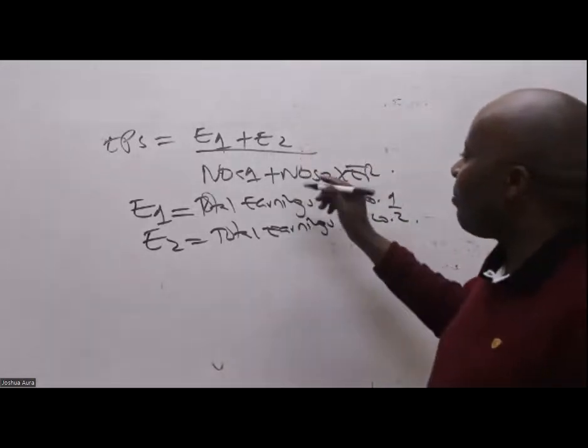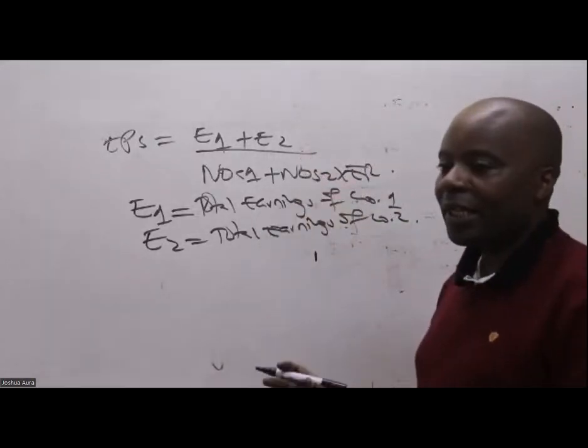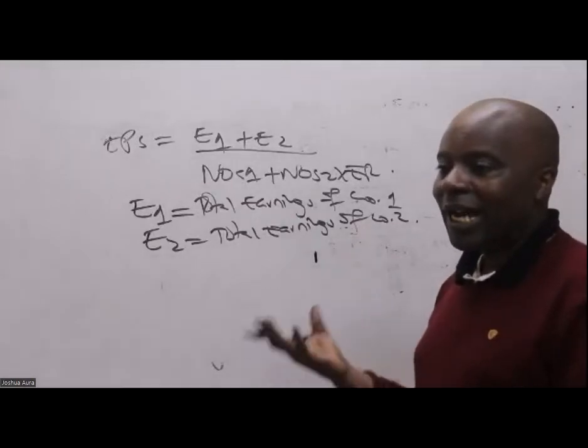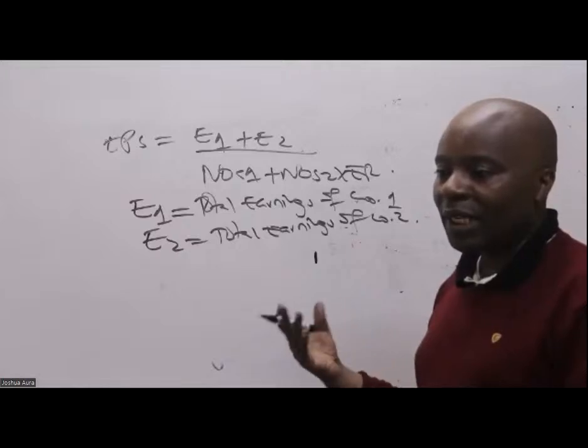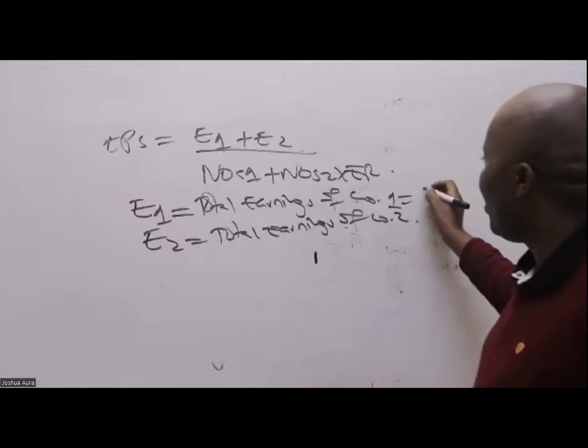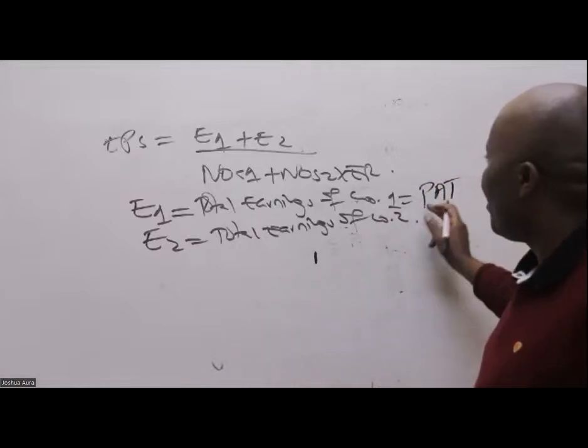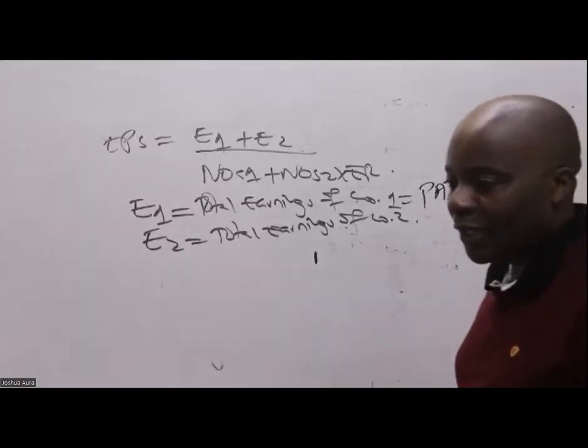You see, earnings attributable to ordinary shareholders in financial reporting are profits after tax. So he said here EPS equals PAT, equals profit after tax.